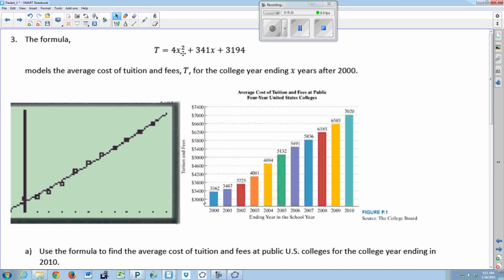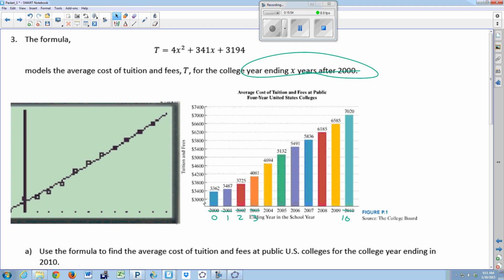So instead of seeing 2000, 2001, 2002 on the x-axis or your horizontal axis, you would see 0, 1, 2, 3, all the way up to 10. This is very common when you're creating models where your horizontal variable is years.